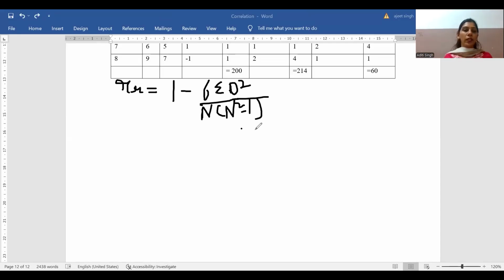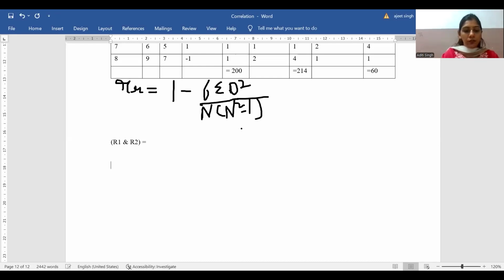Okay, so this is how we calculate. So let's calculate first for R1 and R2.